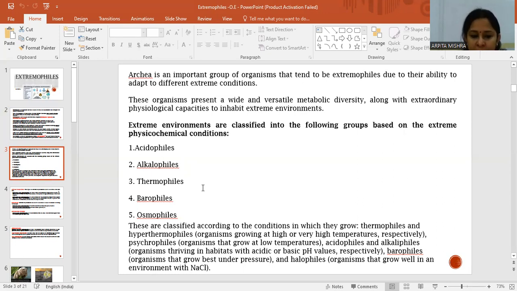Then we have thermophiles. Thermophiles are the organisms which can survive in extreme high temperatures. Then we have barophiles, which can sustain very high pressures, and osmophiles, which can survive in high osmotic conditions.